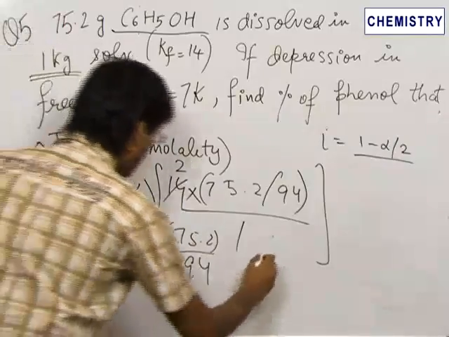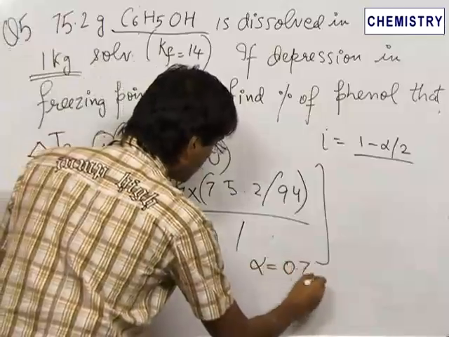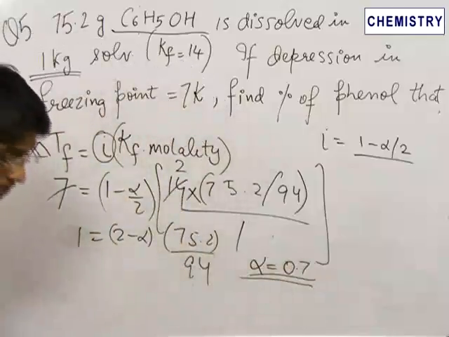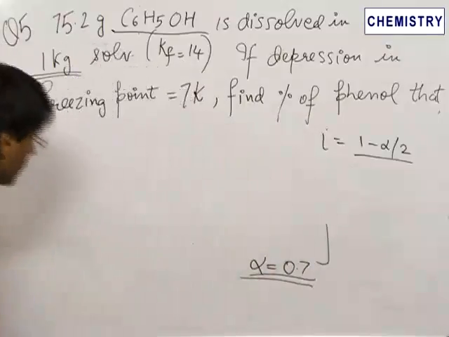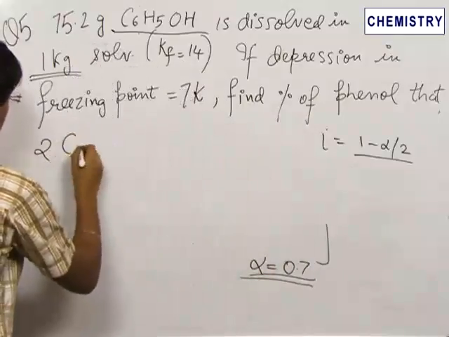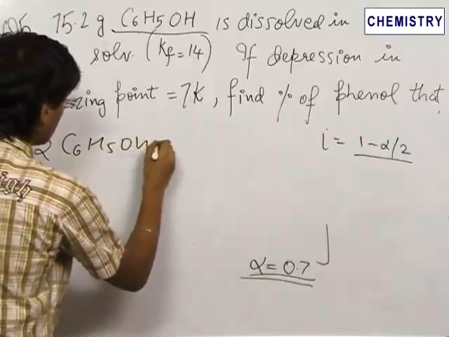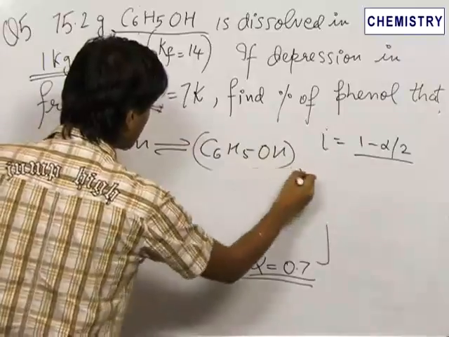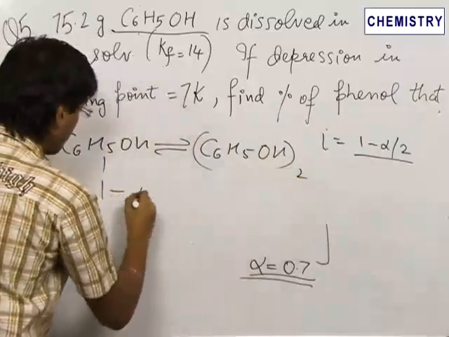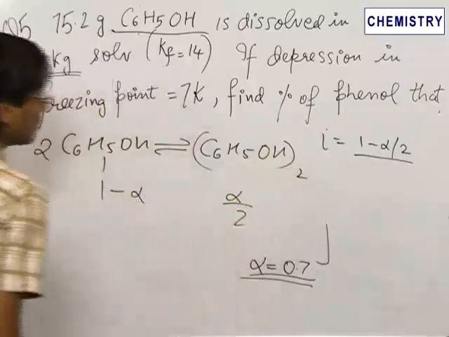On solving, our alpha comes out to be equal to 0.7. This is the value of our alpha obtained from the equation 2 moles of phenol dimerizing to give C6H5OH whole twice. This was 1 minus alpha and this was alpha by 2.